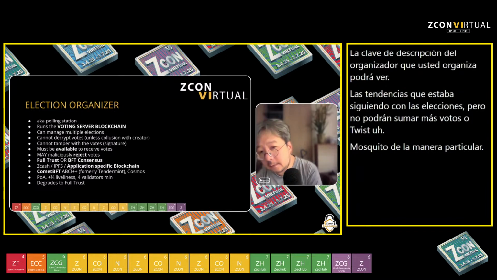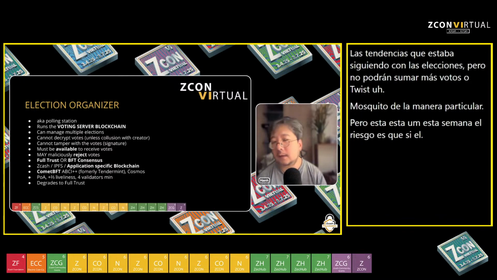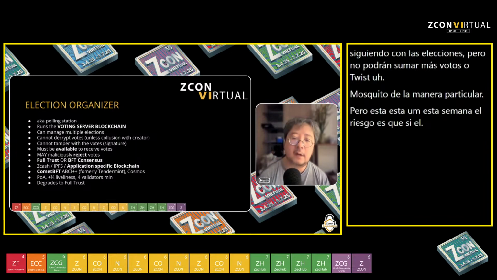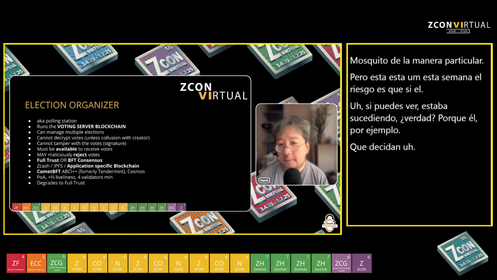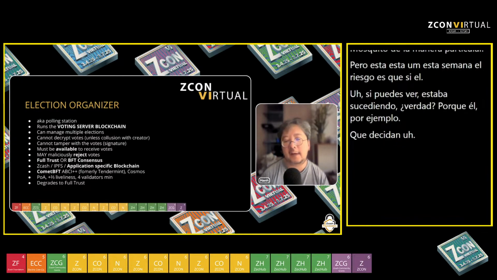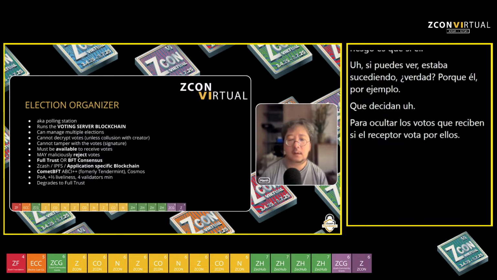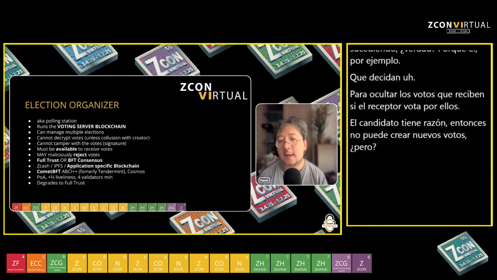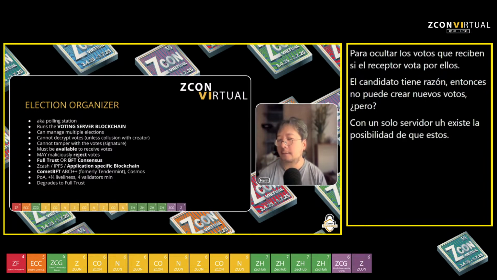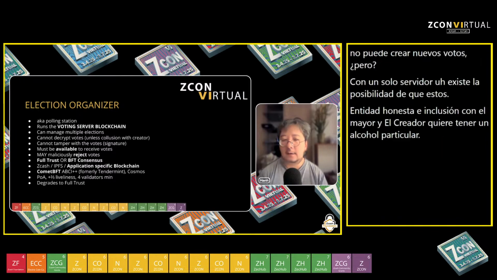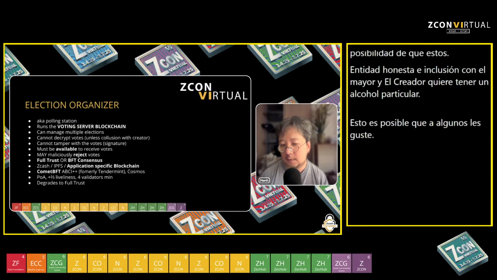But there's a risk. The risk is that if they can see what's going on, for example, that candidate A wins over candidate B, and they want candidate A to win, there's a risk that they decide to hide the votes that they receive for candidate B. So they are not able to create new votes, but with a single server, if this entity is dishonest and in collusion with the creator, and the creator wants a particular outcome, it's possible that they see that some votes are not to their liking, and they decide to just not add them to their box of ballots.